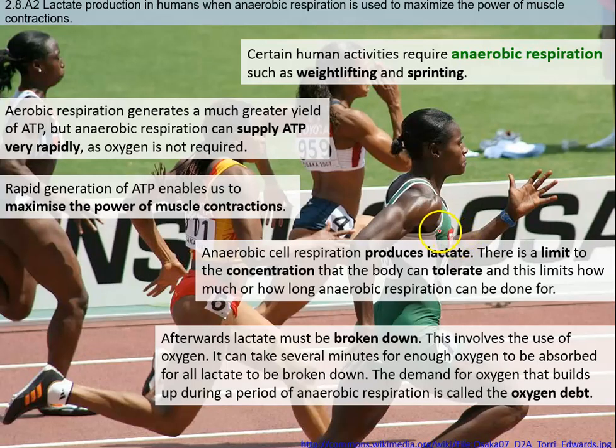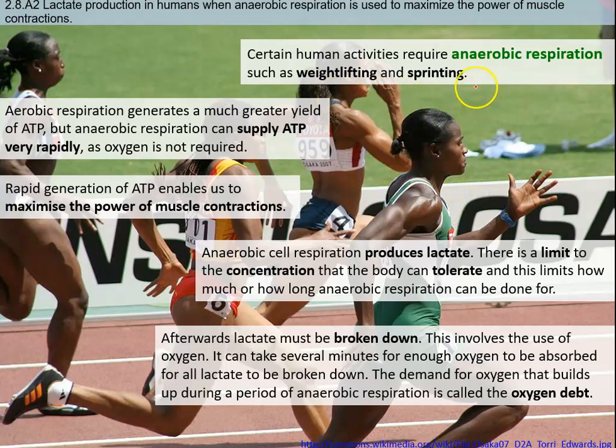As we saw, in anaerobic respiration, the right part of that map that I showed you was related to yeast anaerobic, and now we are talking about anaerobic respiration in animals, specifically in humans.